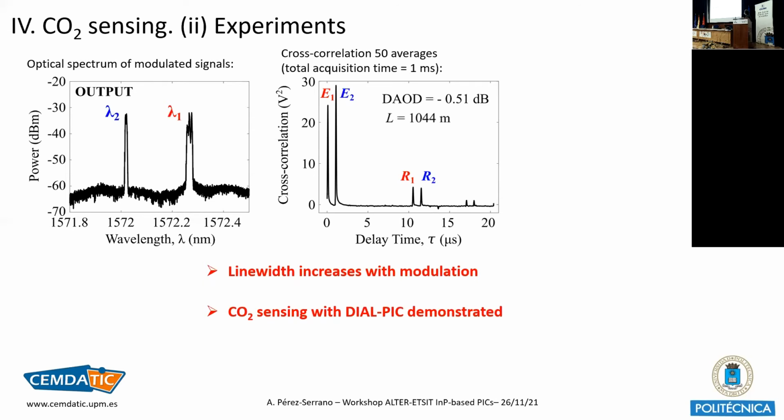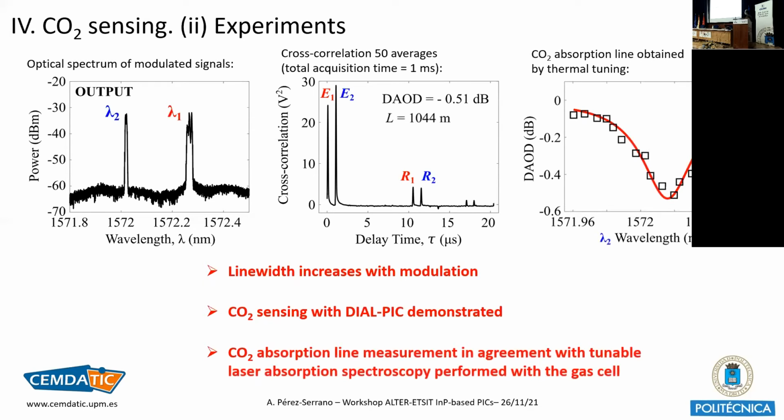And also, we have performed experiments changing the temperature of the chip, so we can tune both signals at the same time, and perform a profile of the absorption line. Like this. So these measurements are in agreement with the tunable absorption spectroscopy that we have performed also.